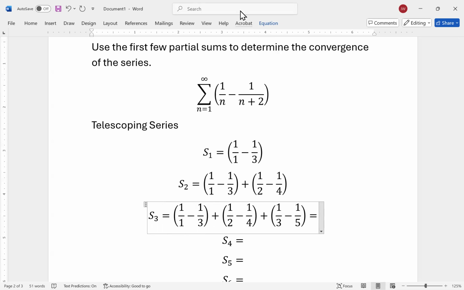And what you'll notice, and this is why it's called telescoping, is that this negative 1/3 up front can cancel out with this 1/3 in the third term.